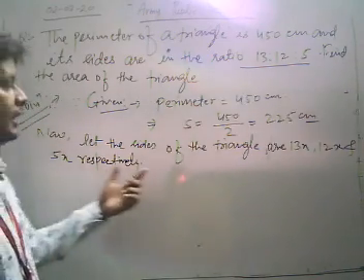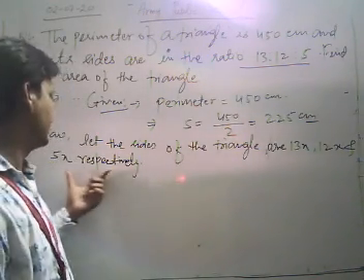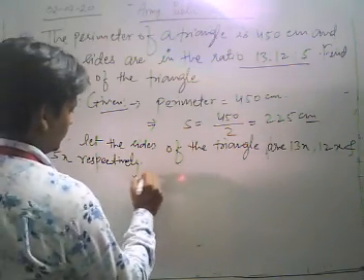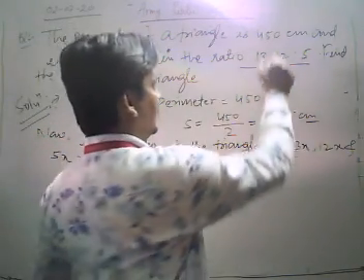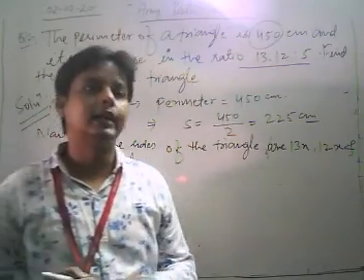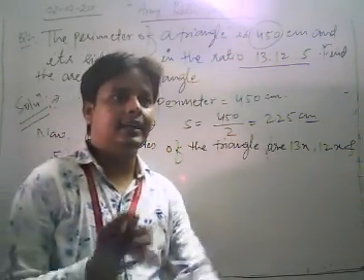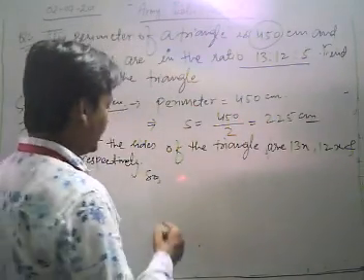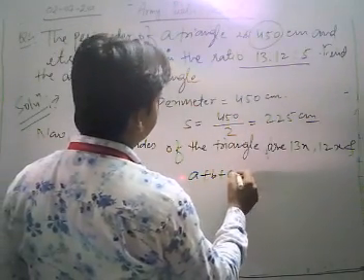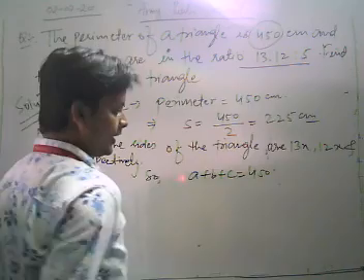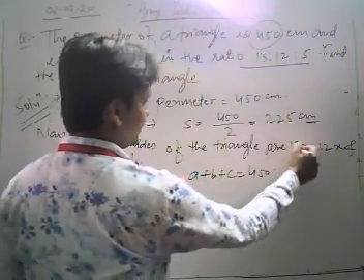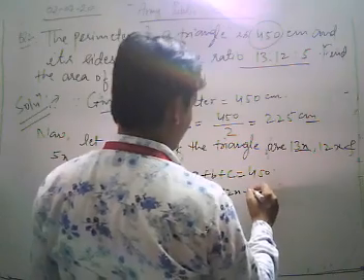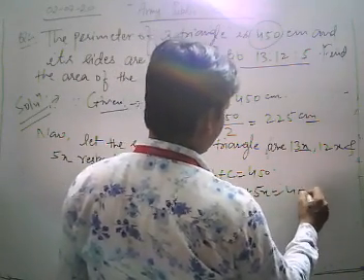You know that the sum of all sides of any geometrical figure is known as the perimeter. So a plus b plus c is equal to 450, so 13x plus 12x plus 5x is equal to 450.